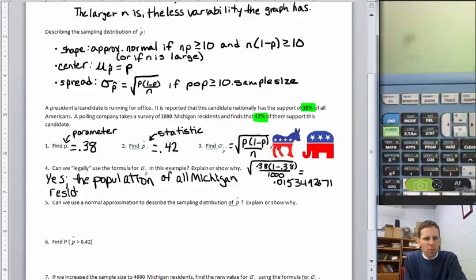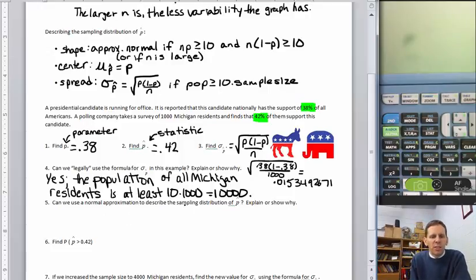So if our sample is 1,000 Michigan residents, the population is all Michigan residents, is at least 10 times the sample size, 10 times 1,000, which equals 10,000. So I'm going to address who the population is, what this population actually is, and that it's actually bigger than 10 times the sample size.